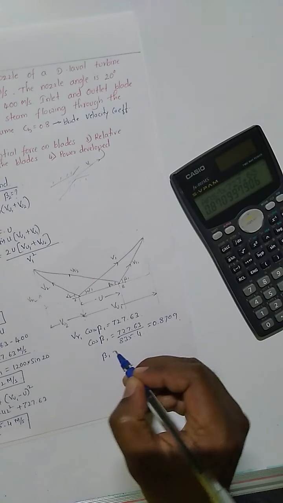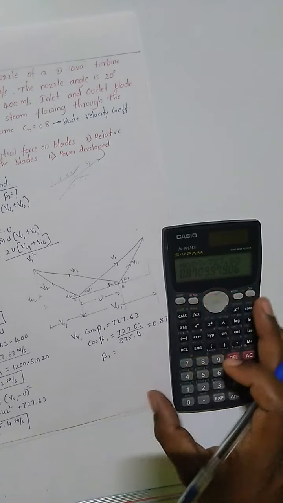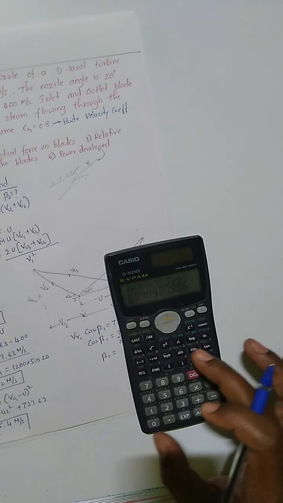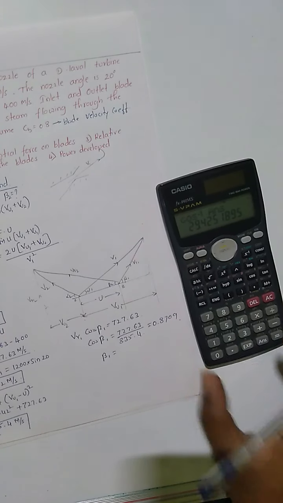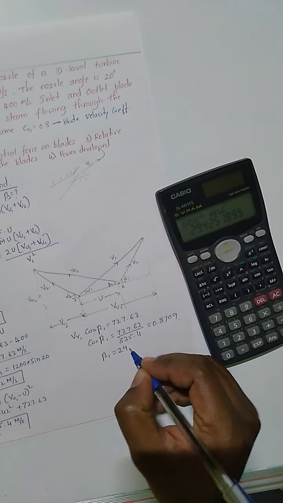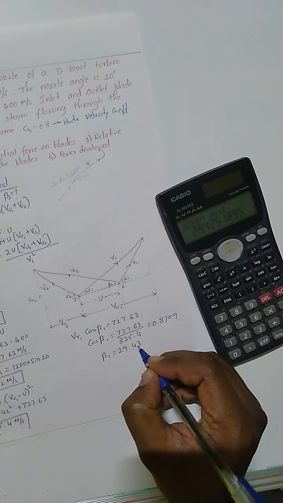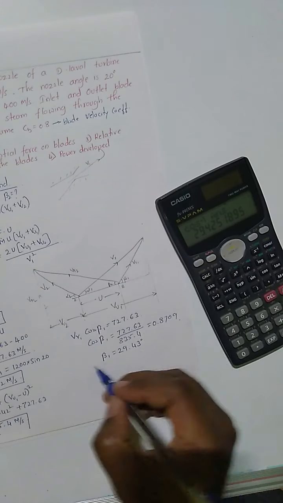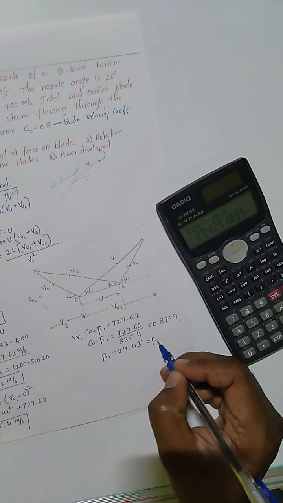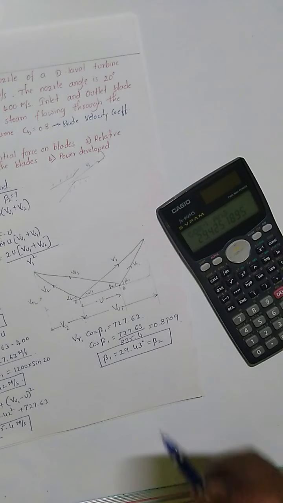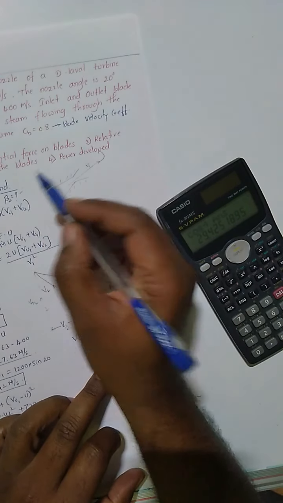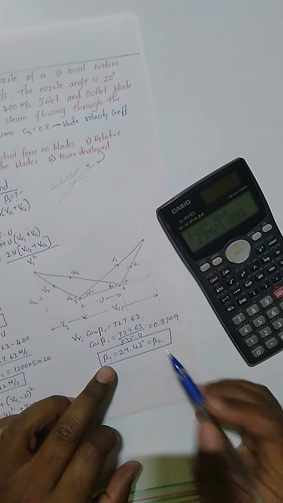So beta 1 is cos inverse of that, and the answer we get is 29.43 degrees, which is equal to beta 2. So now we have found the first parameters, beta 1 and beta 2.